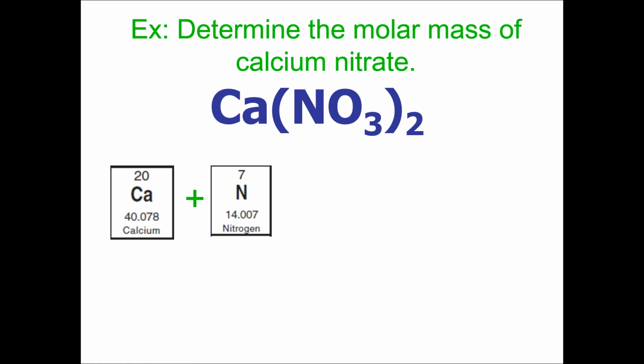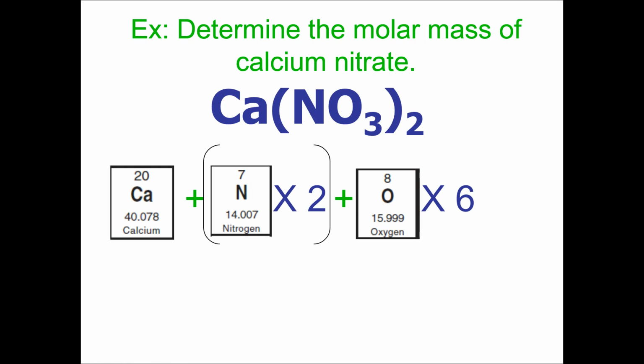It's 14.007. We also have 2 nitrogens in the formula. So the 2 on the outside of the parentheses indicates there are 2 nitrogen atoms. And that also tells us there are 6 oxygen atoms. So then we're going to take the mass of the oxygen and multiply it by 6.